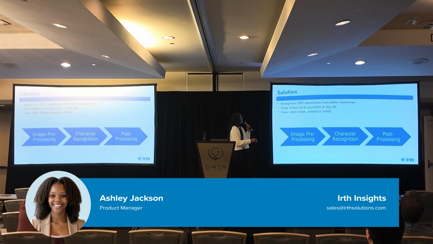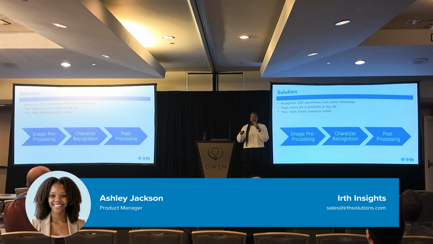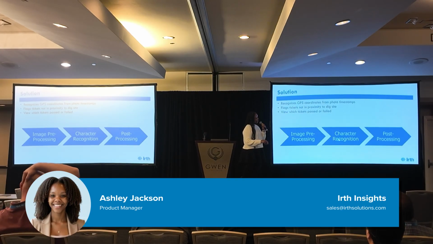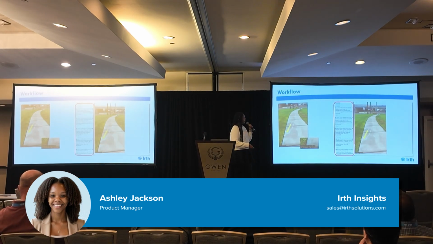So also flagging tickets that are not in proximity to the dig site. Now mind you again, this is configurable. So it's what you as your company are comfortable with as being that buffer site. And then you can view which tickets pass or fail. So we have that pre-image processing, the character recognition, and that post-processing is those next steps of what you decide to do in your workflow.